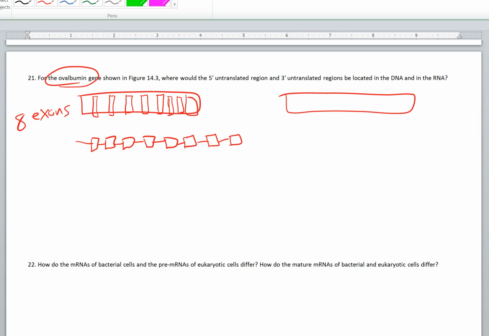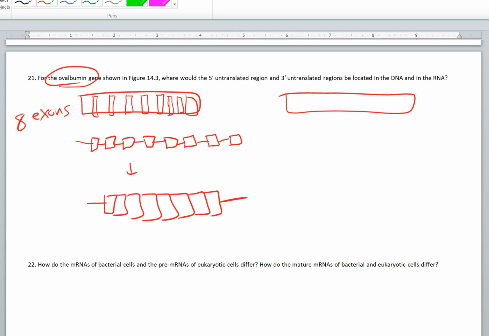And then it transcribes and puts all those things together. Transcribes and splices and all that. Alright, so this is a big long question here. Just to build up to the question, where would the 5' untranslated region be?